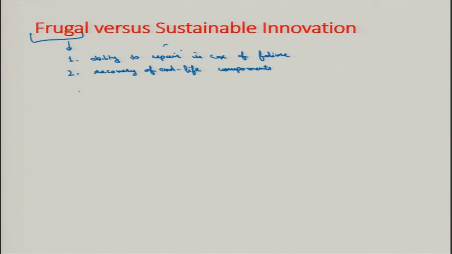Third is recycling. This is maybe kind of reuse. These features of frugal innovation make it sustainable.